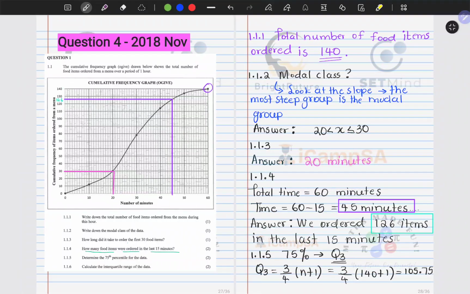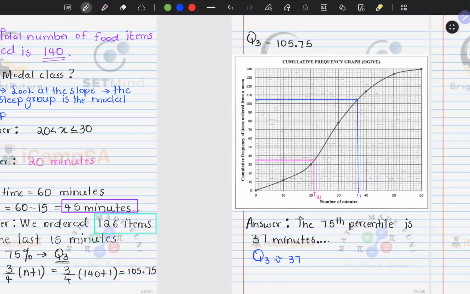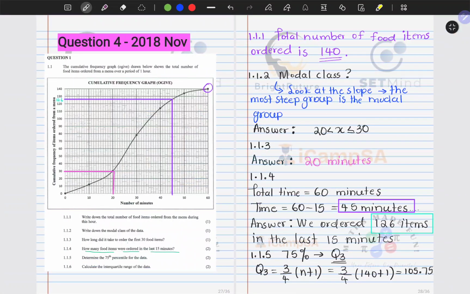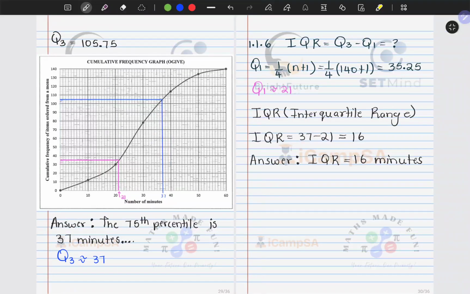So that is how we would do question 1.1.6. Let's go now and have a look at another question. It's very important that when you finish this lesson, you understand exactly how we deal with these problems. So let's go.